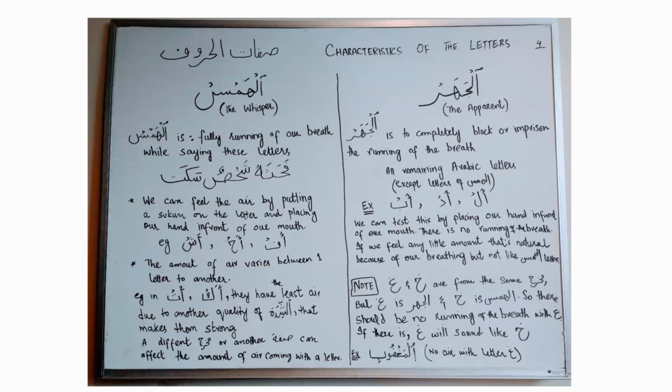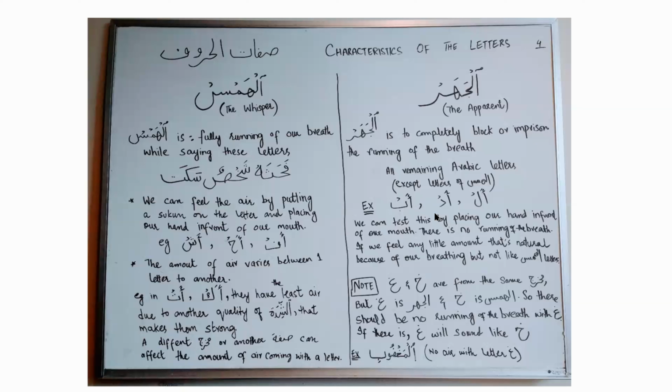The literal meaning of Al-Jahr is the apparent. In Tajweed rules, Al-Jahr is completely blocking or imprisoning the running of the breath for all the remaining letters of the Arabic language other than فَحَثَّهُ شَخْصٌ سَكَتْ.